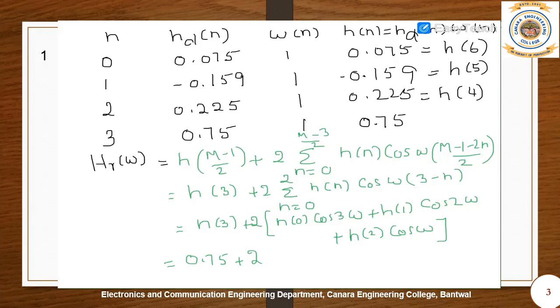This is 2 into H of 0 is 0.075 cos 3 omega plus, it is minus 0.159 cos 2 omega plus 0.225 cos of omega.